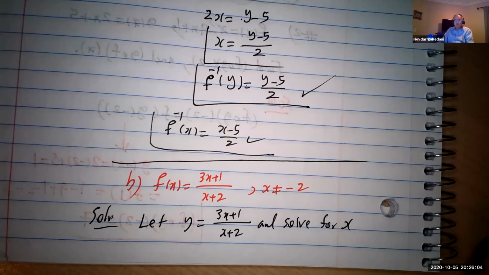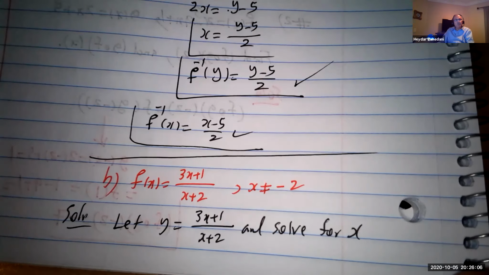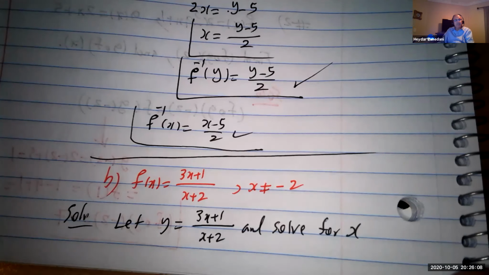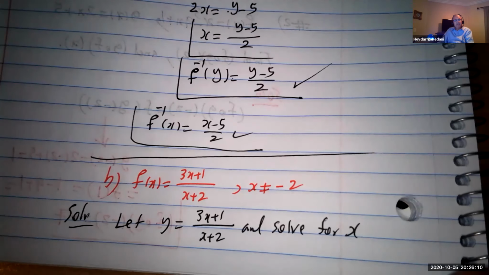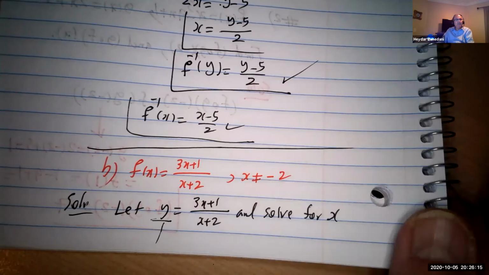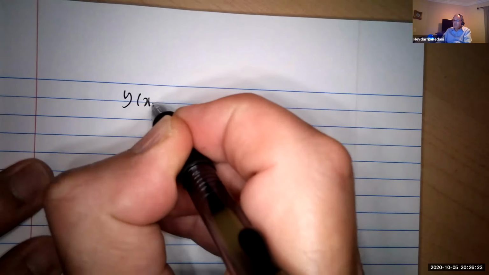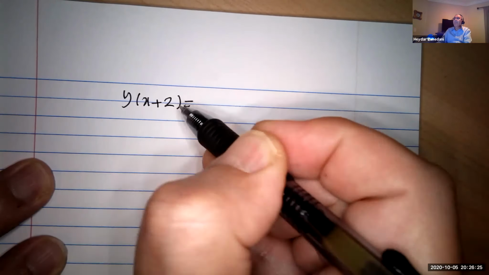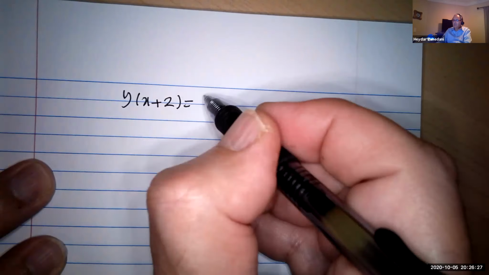So I should be able to check it. We switch the input and the output. This is the idea. So we have to cross multiply, remember? It's going to be y times x plus 2 is equal to 3x plus 1.